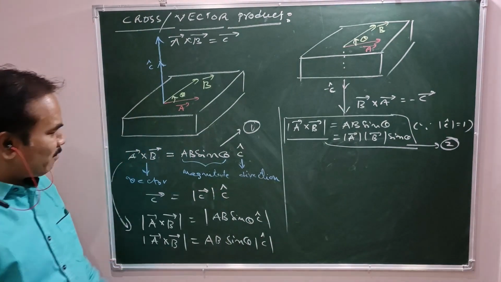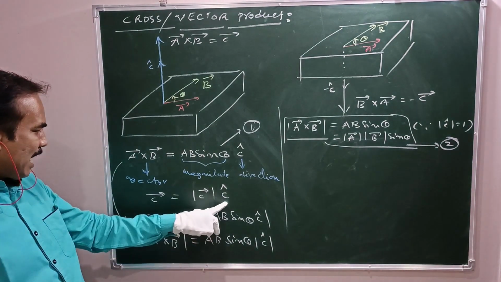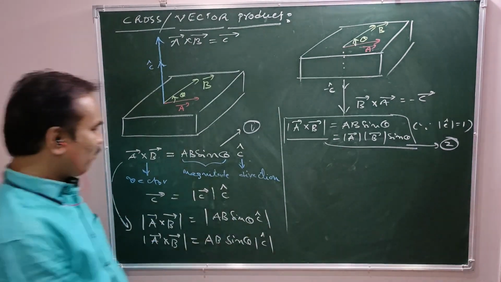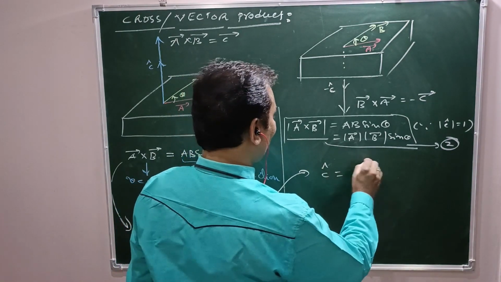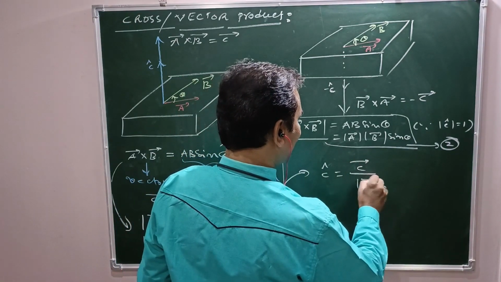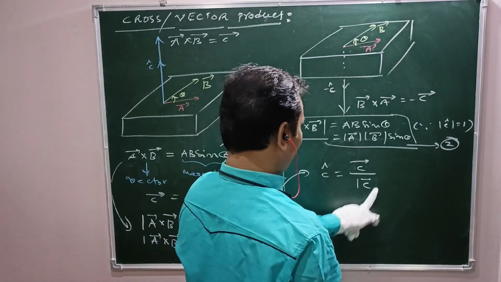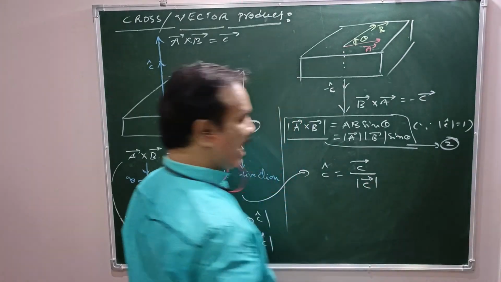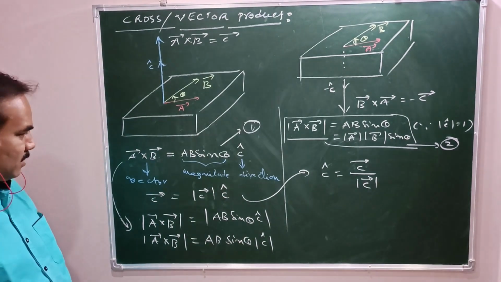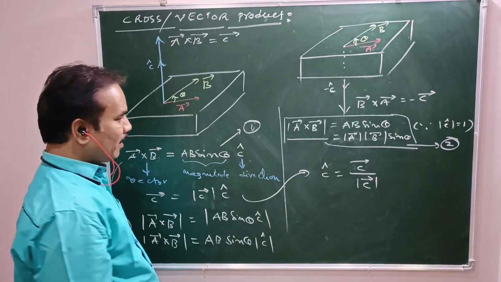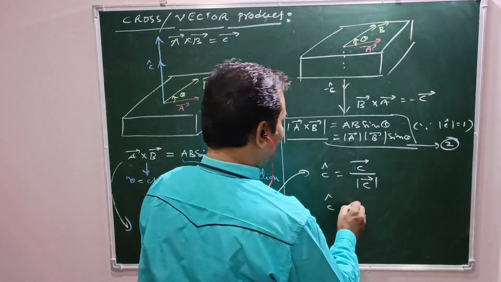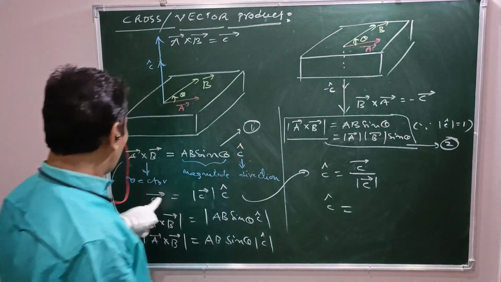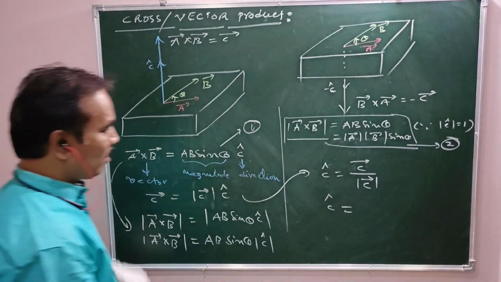Now say C bar equal to mod C bar into C cap. Now C cap equals C bar by mod C bar. Okay. C bar means A bar cross B bar.